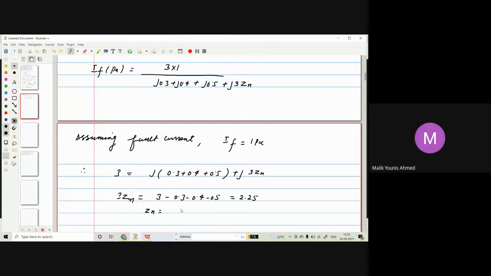So Zn will be 2.25 divided by 3, that is 0.75 per unit.